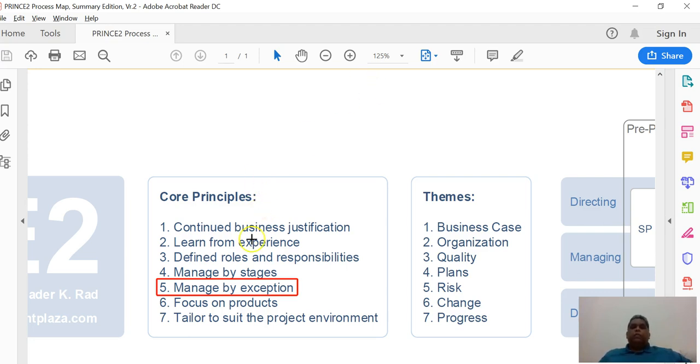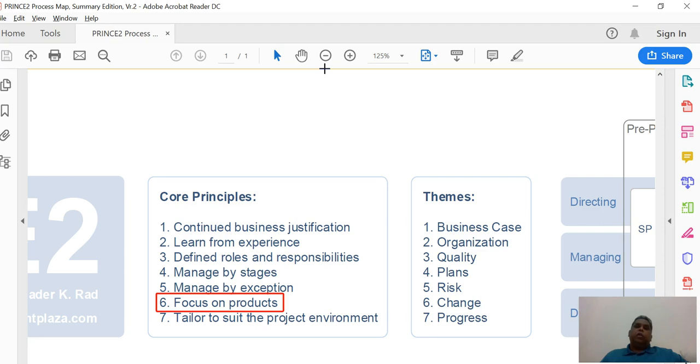Now, the sixth principle is the principle called focus on products. Again, when we look into a lot of organizations and when we look into a lot of projects, there seems to be a lot of focus on the project activities rather than the deliverables that we create. And therefore, PRINCE2 is of the opinion that the focus should be on the products that are being delivered.